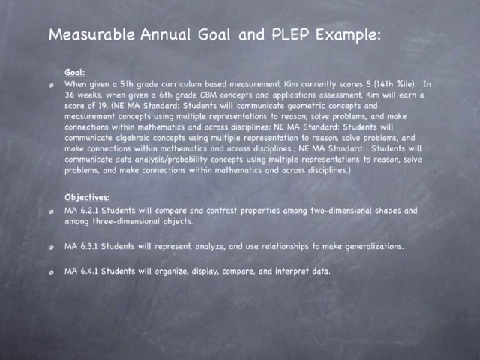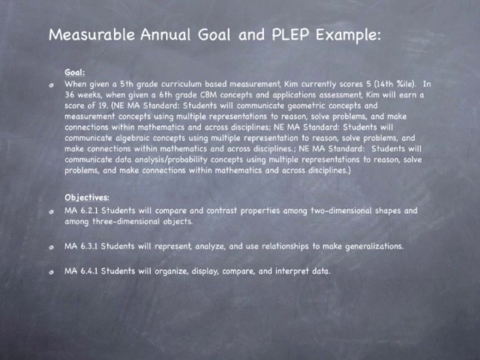So for her goal then, when given a 5th grade curriculum-based measurement, so you can see that even though she's older, when you decided on her instructional level, it came out to be 5th grade. So that's why her goal is written at the 5th grade level. So when given a 5th grade curriculum-based measurement, Kim currently scores 5, which is at the 14th percentile.